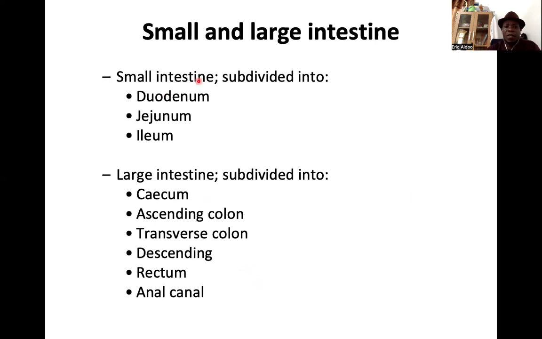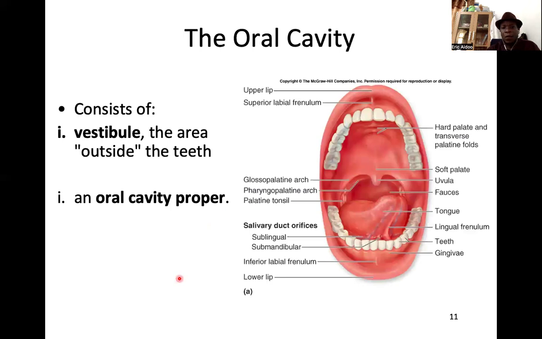Okay, so the small intestine can be divided into the duodenum, jejunum, ileum, and the large intestine, cecum. You have the ascending colon, transverse colon, descending colon, rectum, and then the anal canal. So when we take the oral cavity, we will see it has an aperture, okay, known as the vestibule, the area outside the teeth, and then you have the oral cavity proper.